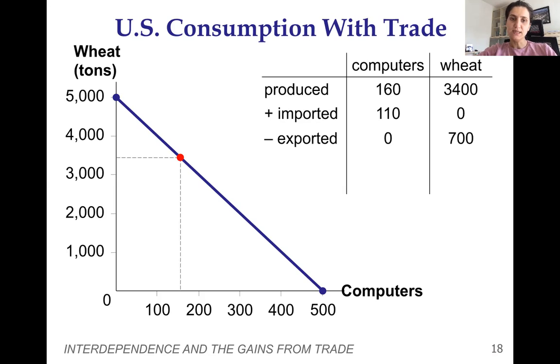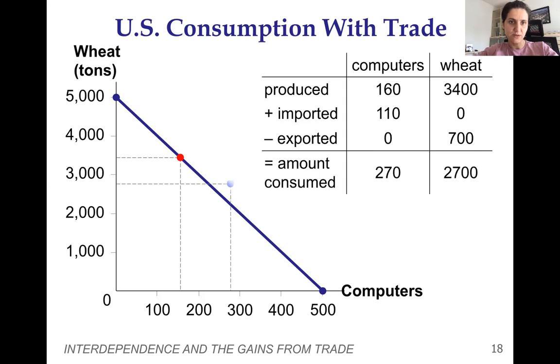Then at the end, you're going to sum the computers, 270 units of computers, and subtract the wheat, giving 2,700 tons of wheat. Okay, which is outside of the production possibility frontier.